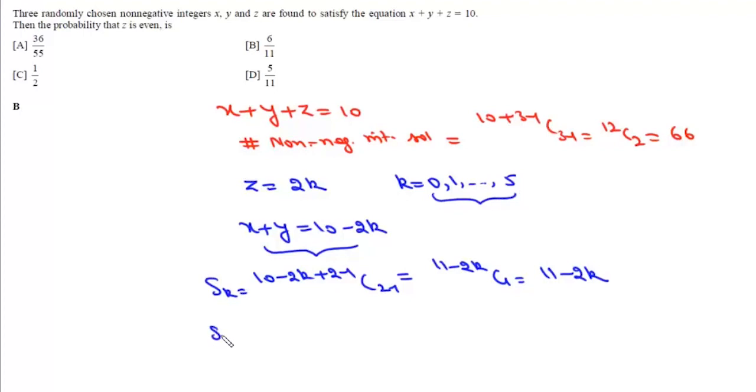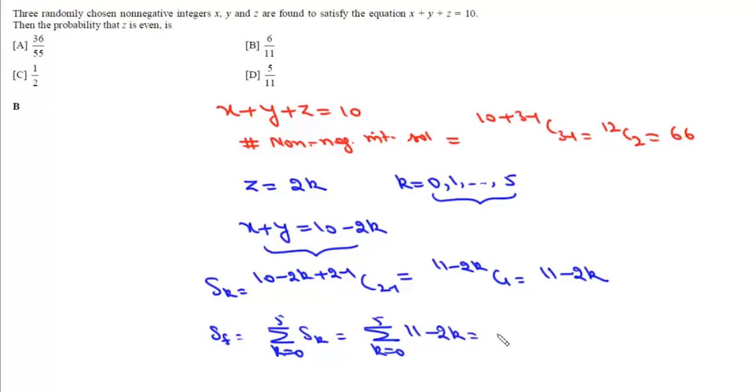So the total number of favorable cases will be the summation, k varies from 0 to 5, of 11 minus 2k.